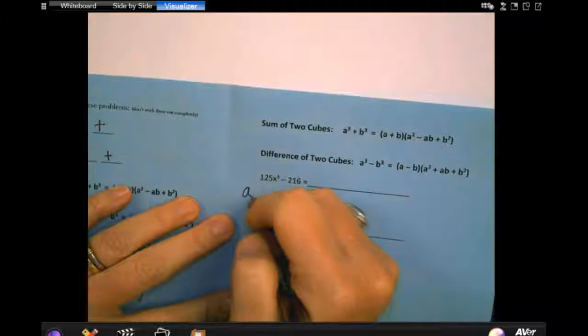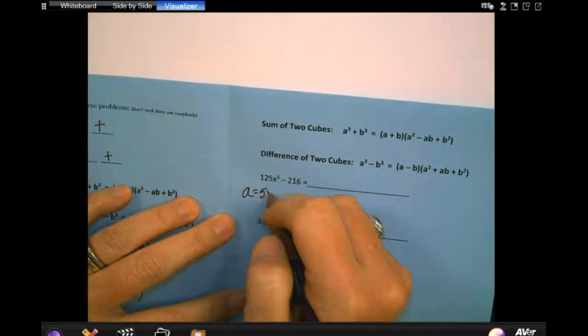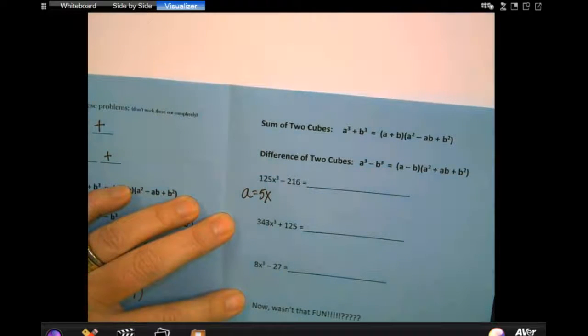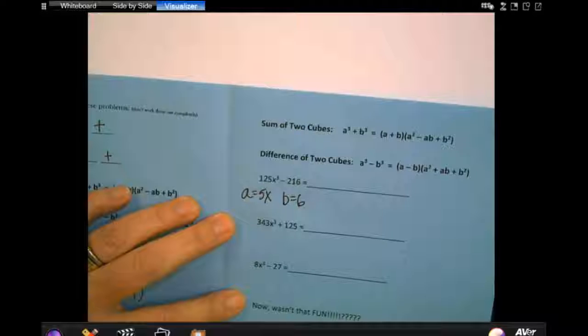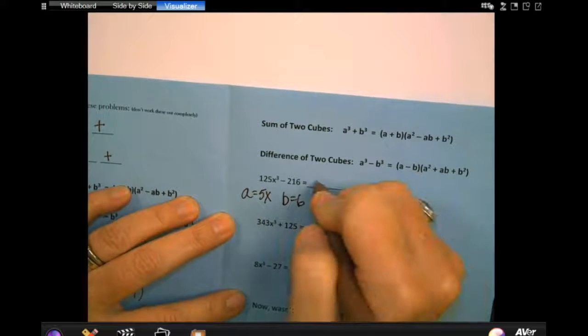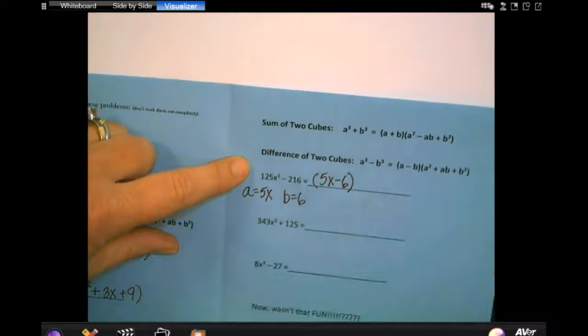So my A is 5, and I have an x to the third power, so I have to include the x. Now, what number raised to the third power is 216? So that's my B. So inside the parentheses, I'm going to have 5x minus 6.